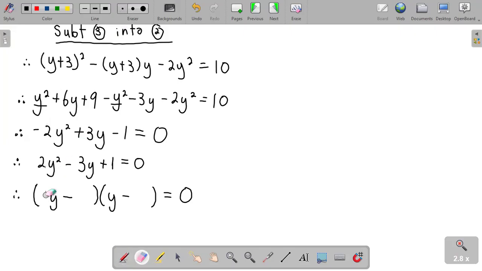Yeah, so I'm sorry about that. I made a mistake there. I forgot the other y here. So now when we find factors here, if we want to have a negative 3 here, it's going to be 2y, and then 1 and 1.